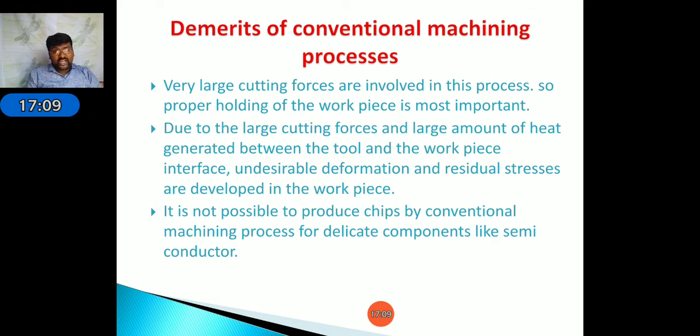All these processes we will discuss in the next lecture. This was the introduction to modern manufacturing methods. Based on the demerits of the conventional machining process, we will introduce modern manufacturing methods in the manufacturing process.